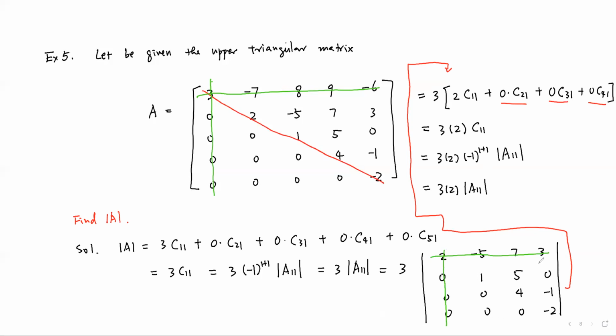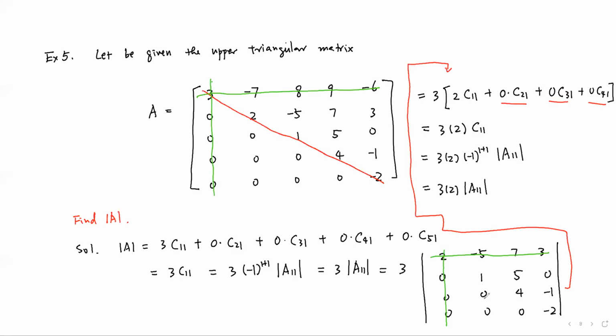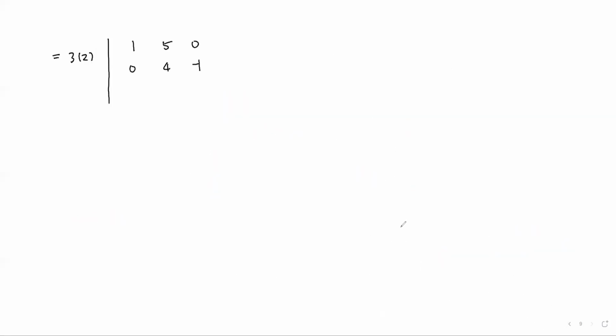Let me write the solution on the next page. So again, 3 times 2. Capital A11 is: 1, 5, 0, 0, 4, negative 1, 0, 0, negative 2. Determinant.